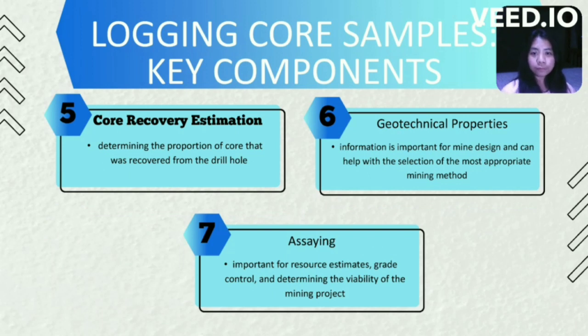Continuing with five, the core recovery estimation, wherein determining the proportion of core that was recovered from the drill hole, followed by geotechnical properties, wherein the information is important for mine design and can help with the selection of the most appropriate mining method. And the last is the assaying, important for resource estimates, grade control, and determining the viability of the mining project.